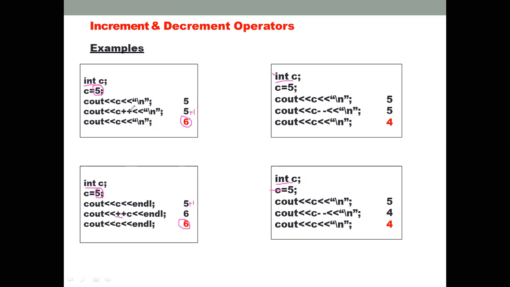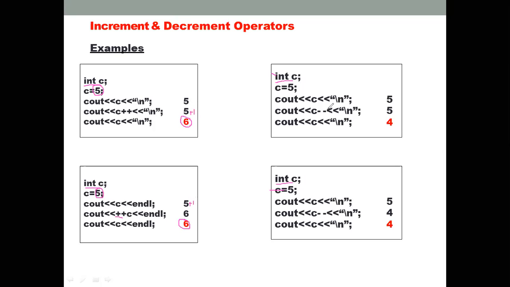The first, C++, means you write the previous value of C, 5, first, then you add +1 in this place. But ++C means you add the +1 in this place, so 6 is here, and the output will be 6. The ++ is added in this step, not in that step. So this is the difference.